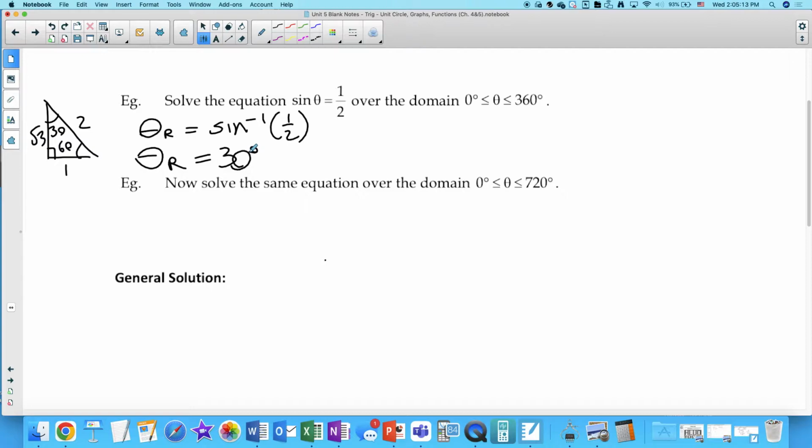All right, so our reference angle is 30 degrees. Sine is positive here and here, okay? So one solution over this domain is that theta equals 30 degrees. The other solution, if this is 30, then this is 150.